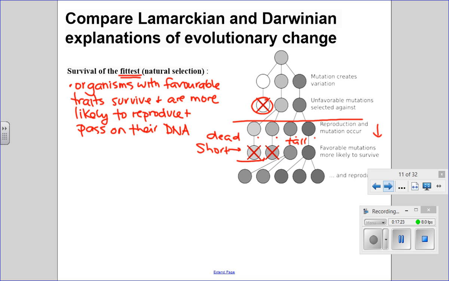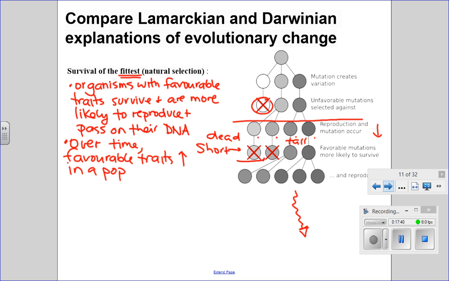If I were to repeat this a whole bunch of times, we would see that over time, favorable traits increase in a population, while unfavorable ones decrease.